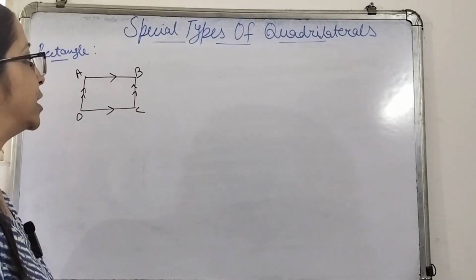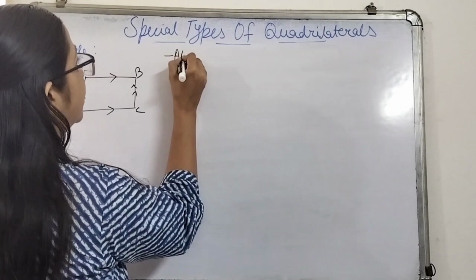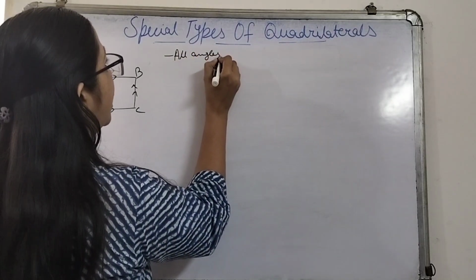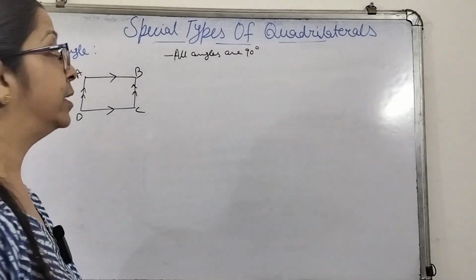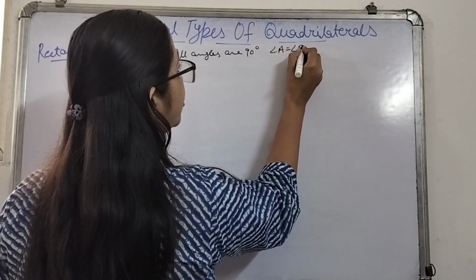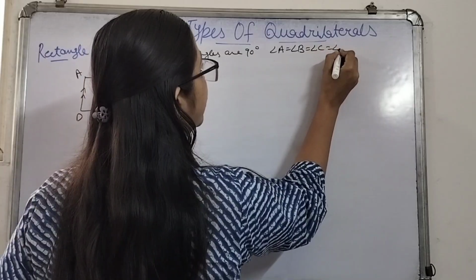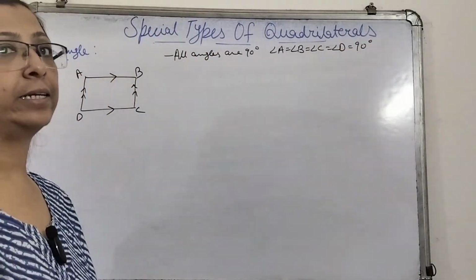Along with these properties, what a rectangle has is that all its angles are 90 degrees. That means angle A will be equivalent to angle B, equivalent to angle C, and equivalent to angle D. All will be 90 degrees.